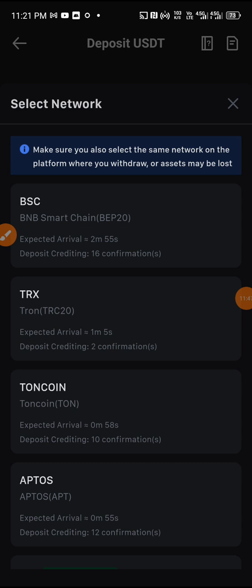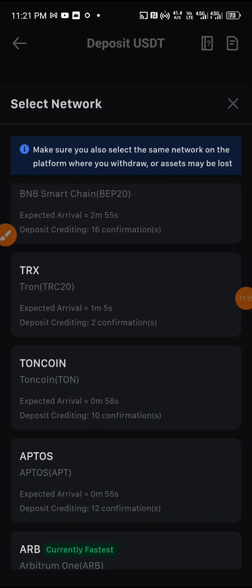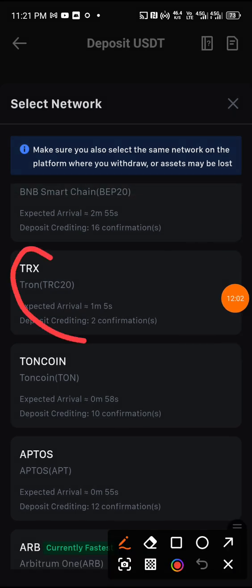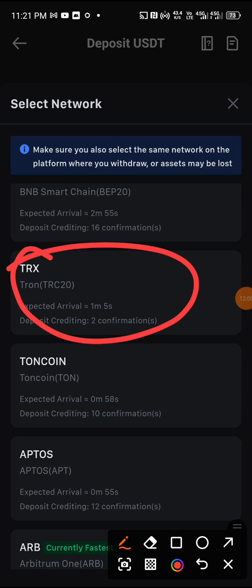You see the network is on Toncoin, on BNB Smart Chain. But all you just need to do is to focus on this place, TRX, because most of those exchanges we withdraw from are on TRX. It takes just 1 minute, 5 seconds, and your funds will reflect.